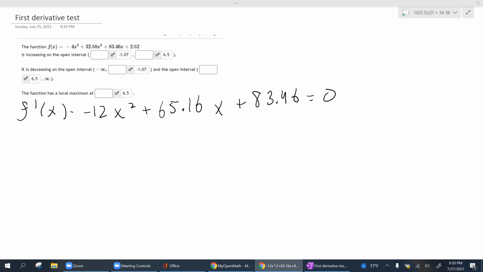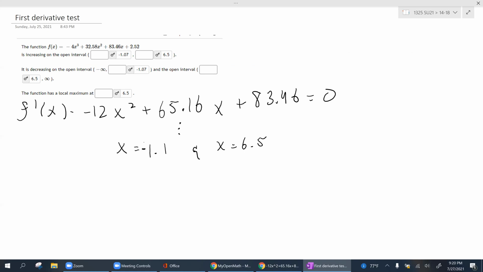Whenever you do that, you're going to get two values: x is equal to negative 1.1, I'm sorry, negative 1.1, and x is equal to 6.5.